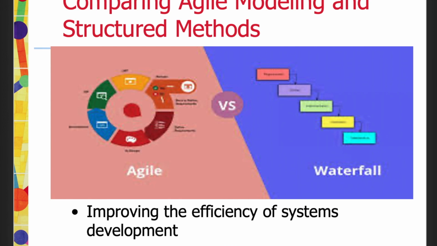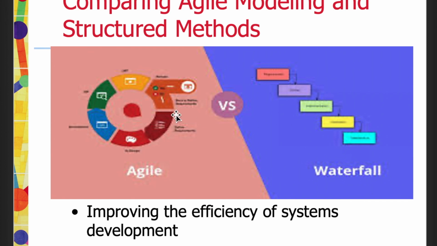Agile modeling and structured model. As you can see from this image, agile modeling or agile methods are a circle process, whereas in a structured method such as waterfall, the first process falls to another process until the end, and at the end you are unable to roll back any mistake, or if you want to have a change, it's really difficult.